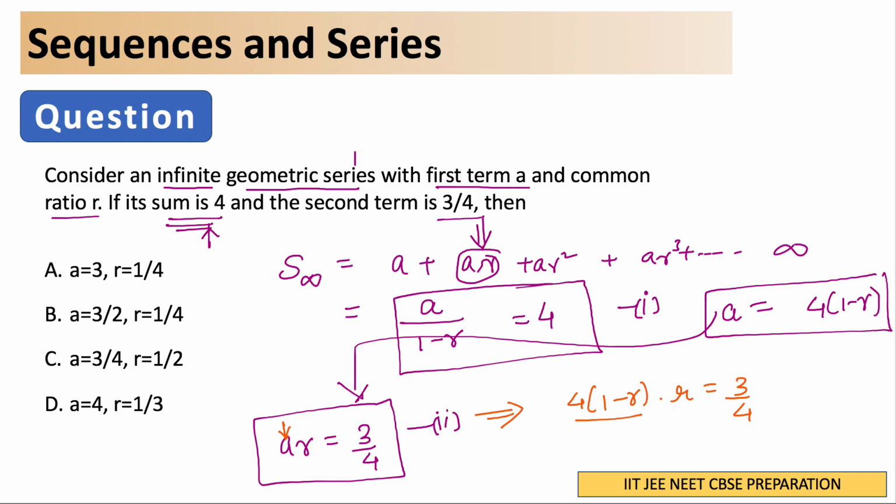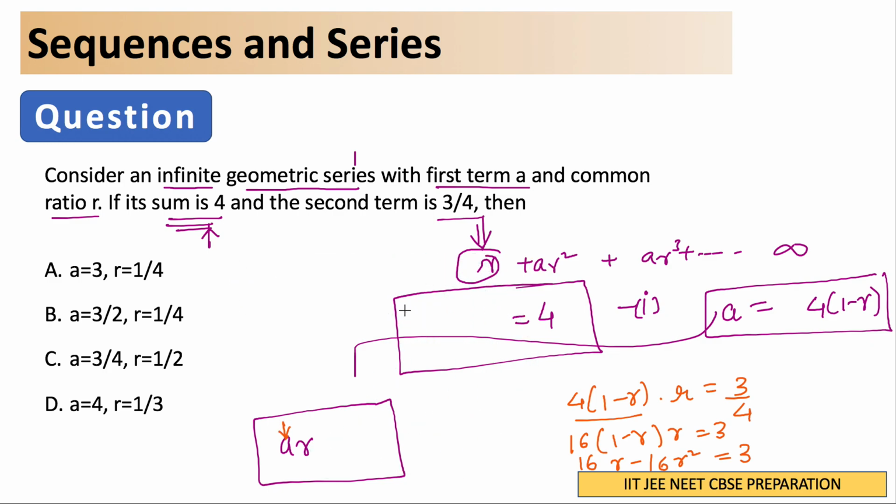So I can write this as 4 into 4, which is 16. So 16 into 1 minus r into r is equal to 3, or I can write 16r minus 16r square is equal to 3. Let me write this equation in the standard form now.